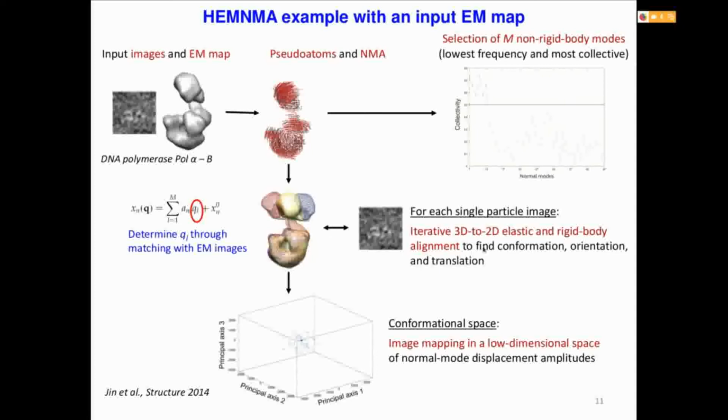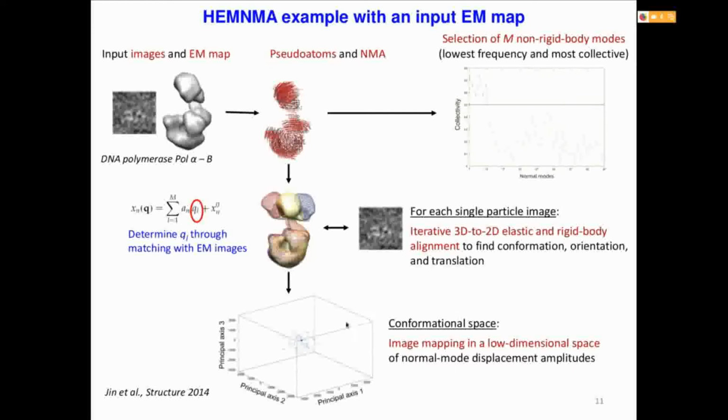So we almost simultaneously find conformational parameters, orientational and translational parameters. The conformational parameters in our model are the Qs. So the normal mode amplitudes are determining our conformation for each image. Each image is analyzed independently from other images and in parallel with other images.